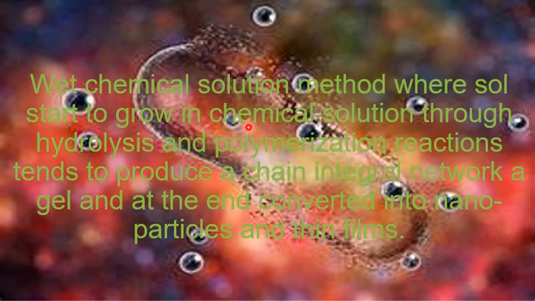If we are going through the polymeric sol-gel route, we use alcohol as a solvent, and if we are going through the colloidal sol-gel process, which uses minerals like chlorides or nitrates, then in this route water is used as a solvent.